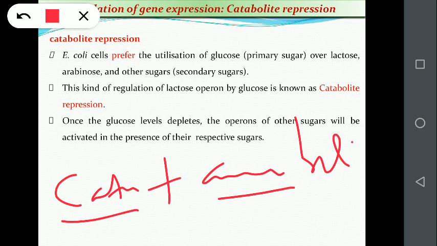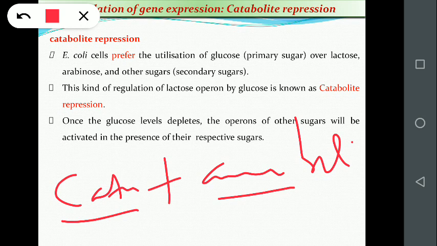So the presence of glucose is repressing the utilization of other secondary sugars. Even if the secondary sugars are present in the medium along with the glucose, the organism is unable to utilize them, because it depends on the primary sugar.